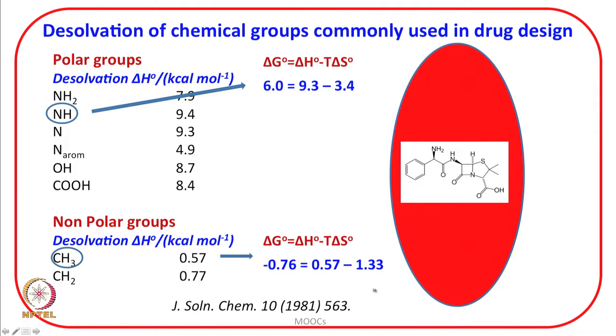And here again this justifies that since the desolvation of the non-polar groups is very small, it is easier to improve the binding affinity, engineer binding affinity, or in other words make delta G naught more negative by working on the hydrophobic or non-polar groups.